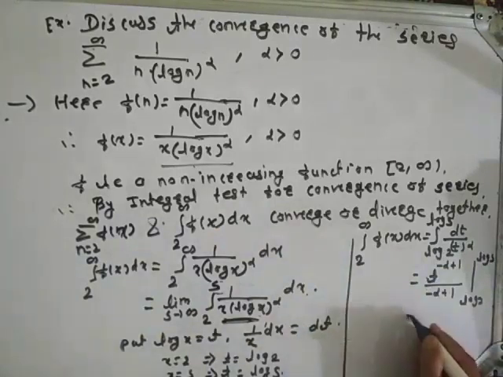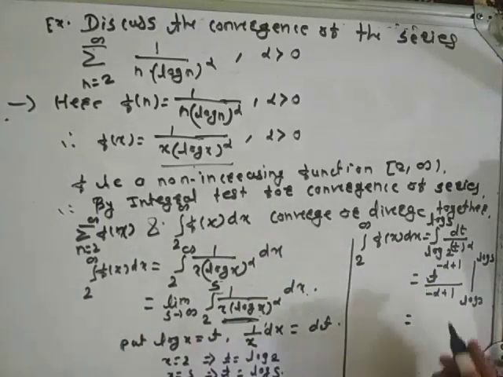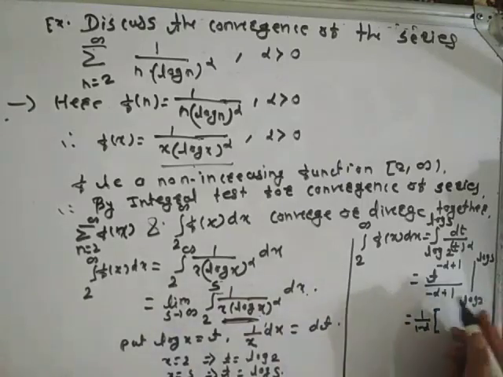So here 1 upon 1 minus alpha is a constant, so take it outside. Here we will get log s.